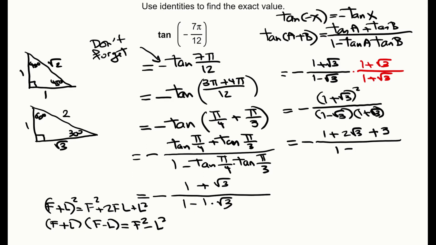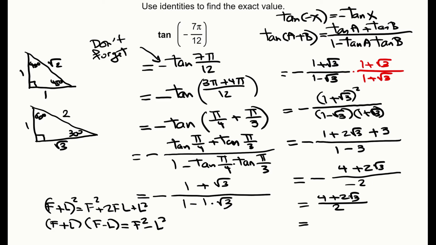So keep that negative. On the top we have 4 plus 2 radical 3. Down below we have negative 2. Of course the two negatives are going to cancel out and just leave us a positive. So basically we have 4 plus 2 radical 3 over 2.